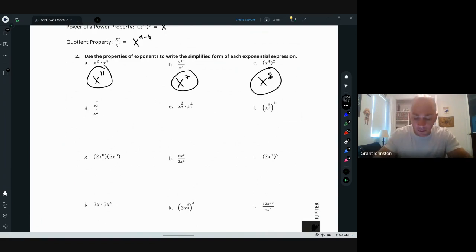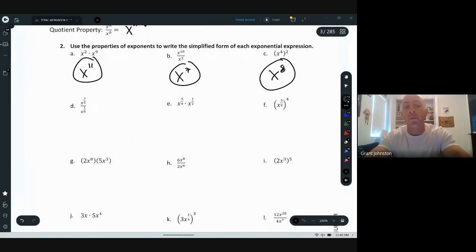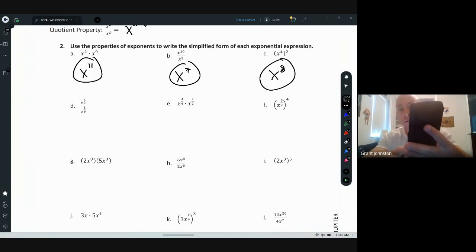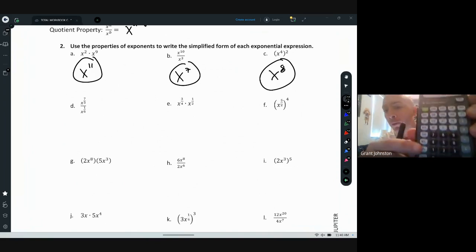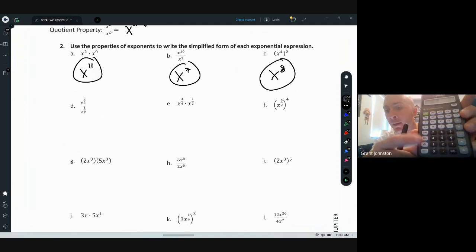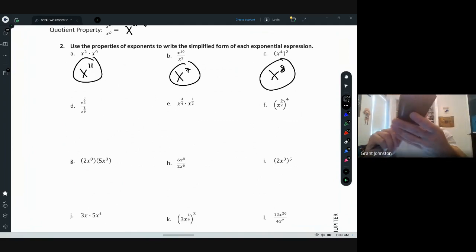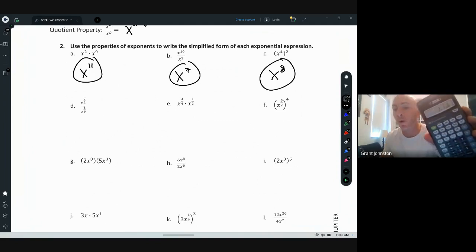So 7/3 minus 1/6. So I'm going to do 7. There's an ABC button down here. So I'm going to go 7, and then I'm going to hit the ABC 3. So 7/3, and then I'm going to do minus 1 ABC 6, and hit equals, and it tells me 2 and 1/6.